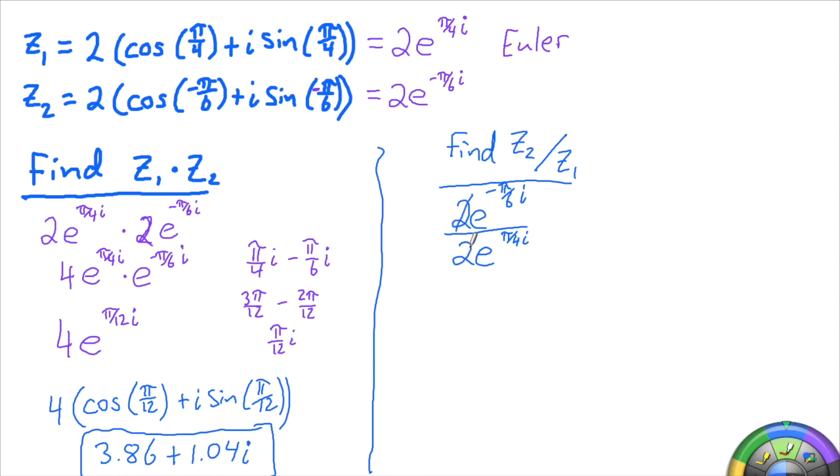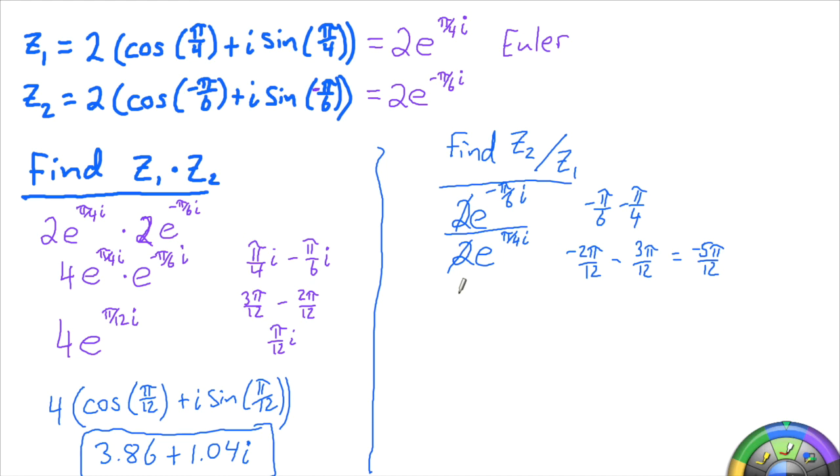So here when we divide, the modulus goes away, we get 1. When we get to the powers, when you divide common bases, you subtract your powers. So that's going to become negative pi over 6 minus pi over 4, which is going to be negative 2 pi over 12 minus 3 pi over 12, better known as negative 5 pi over 12.